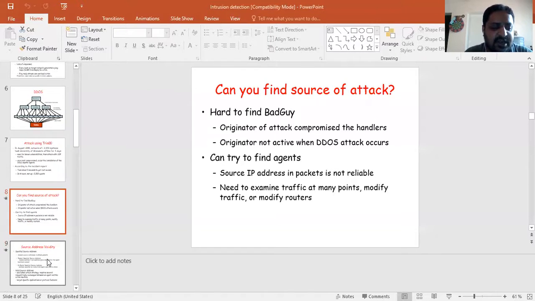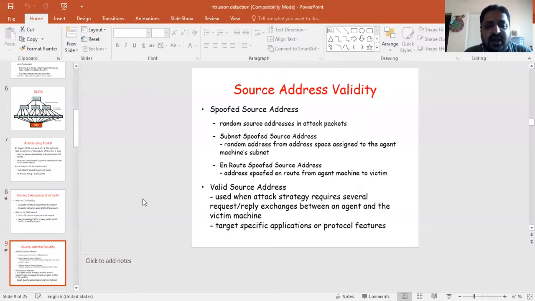For example, there's a possibility that if an attacker is going to take a system, he may try to spoof the source address.